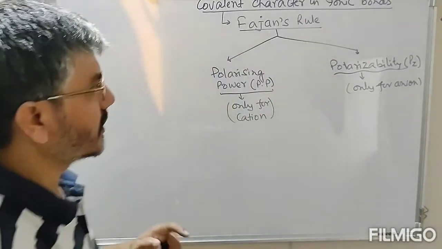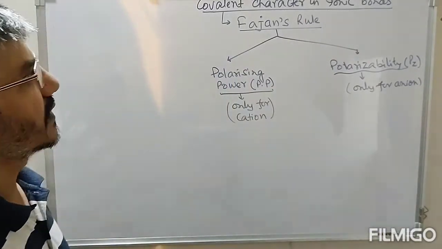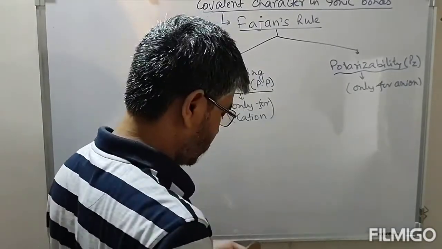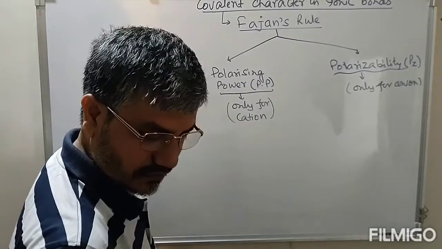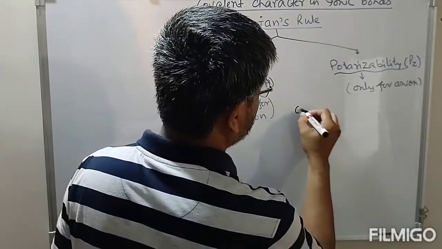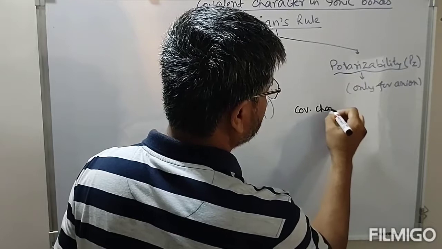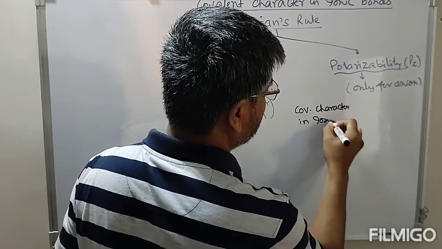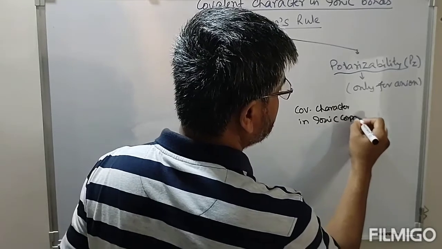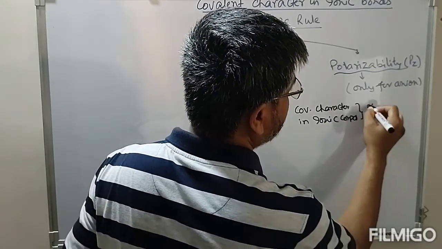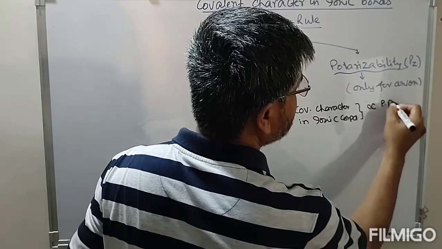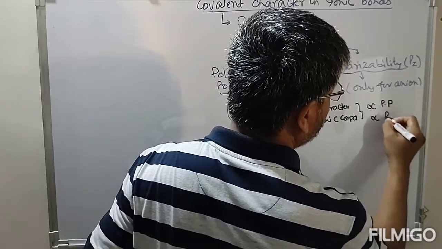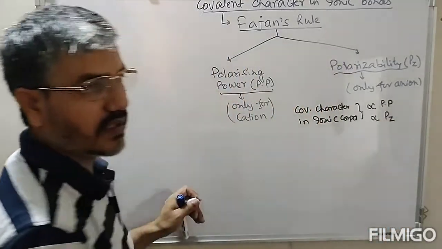So the covalent character in ionic compounds is directly proportional to the polarizing power of cation, and is also directly proportional to the polarizability of the anion.